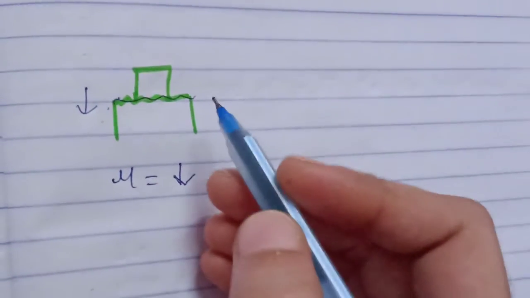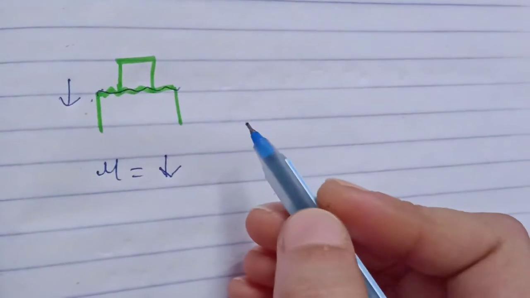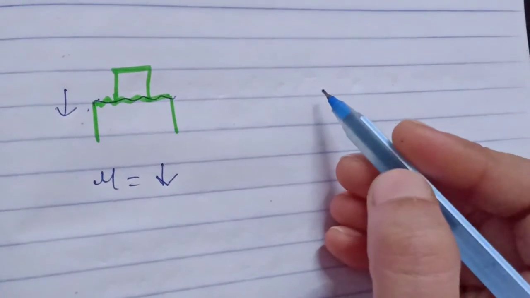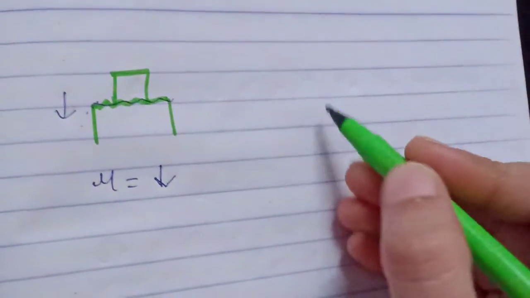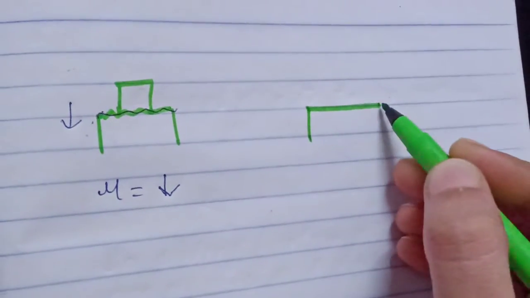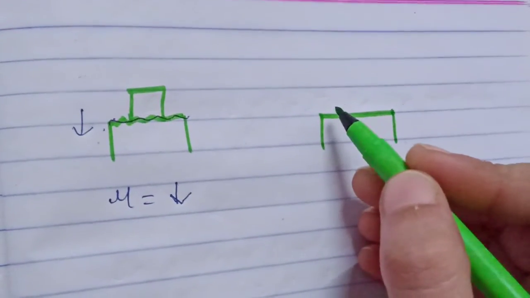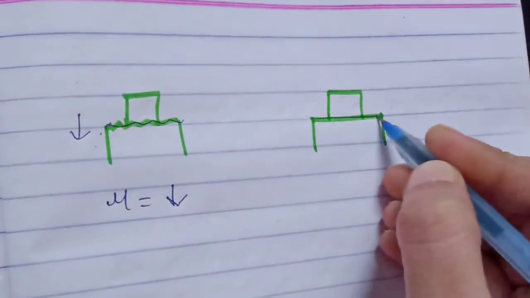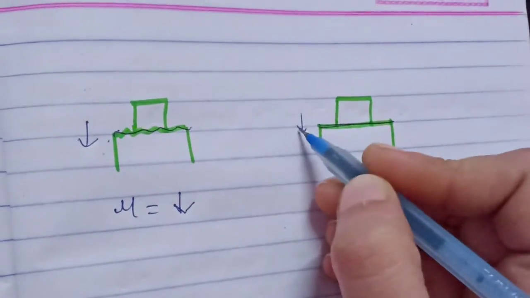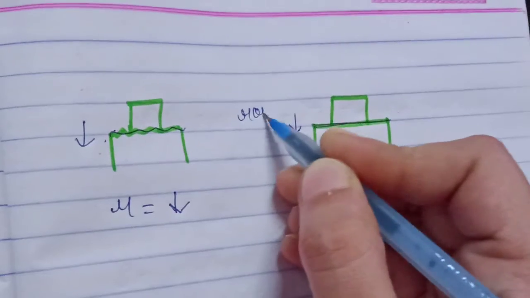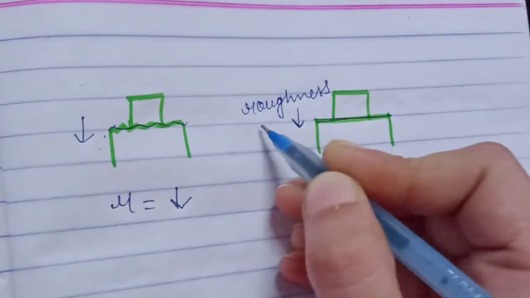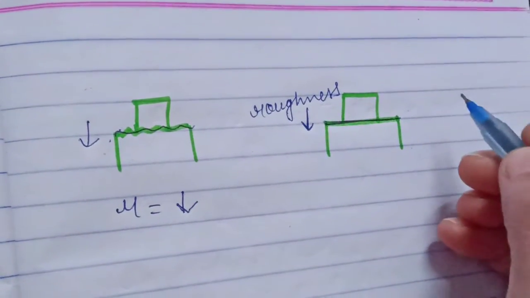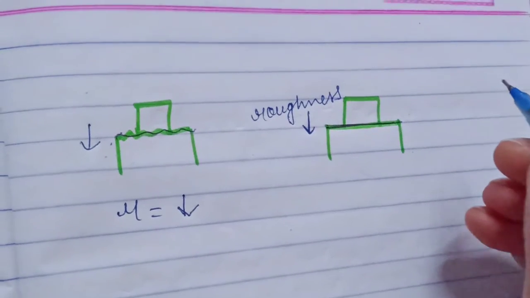But after the limit of surface finish is crossed, means if the surface is highly finished, then the coefficient of friction increases. If the surface finish is too high, means roughness is very low, it crosses the surface finishing limit.